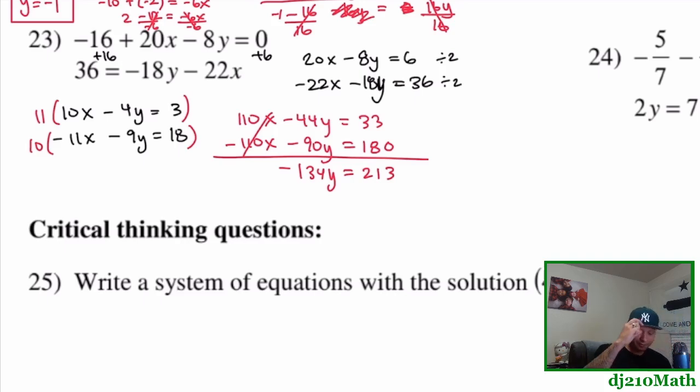Is that half? No, it's not half. Okay. Did I make a mistake? Did I make a mistake? And I sure did. I already see it. I added 16, but I really only added 6. So that changes the whole problem.